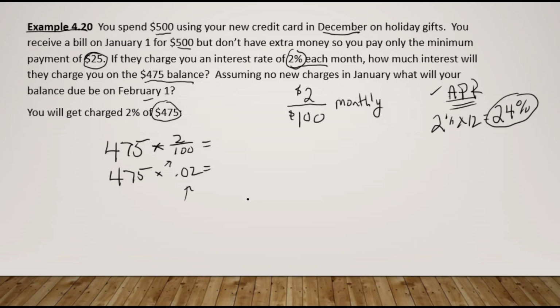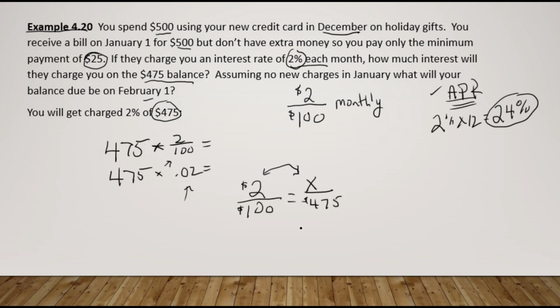Or you can set up a proportion and say, well, I'm paying $2 for every $100 this month on what I owe. Therefore, how much am I paying if I owe $475? So you can set up two ratios and these form a proportion, right?